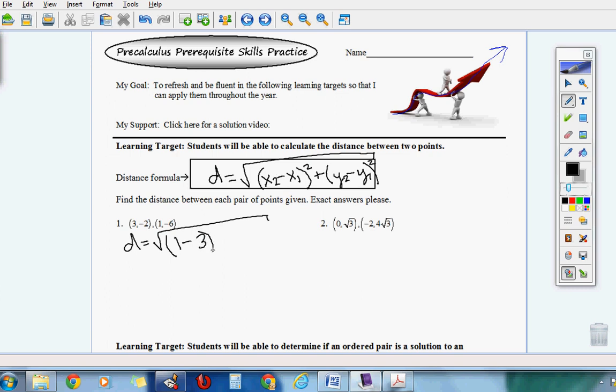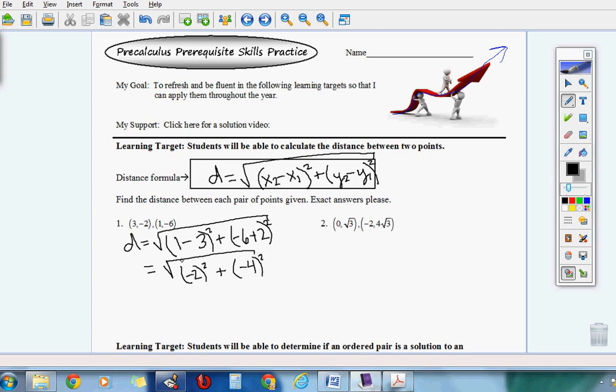So 1 minus 3, quantity squared, plus y2, negative 6 in this case, minus a negative 2, so that's going to become a plus 2, quantity squared. So this is going to be equal to the square root of 1 minus 3, which is actually a negative 2, and we will square that, plus negative 6 plus 2, which is a negative 4, quantity squared there.